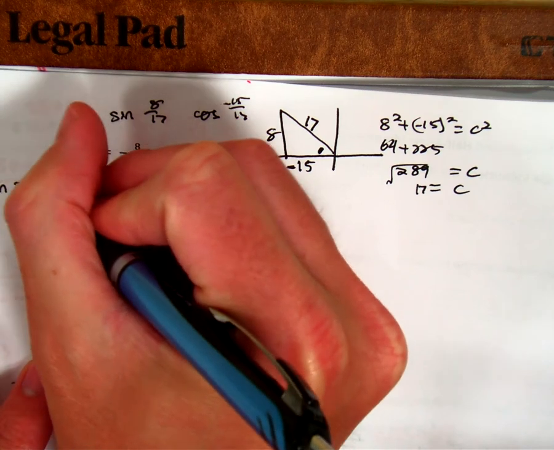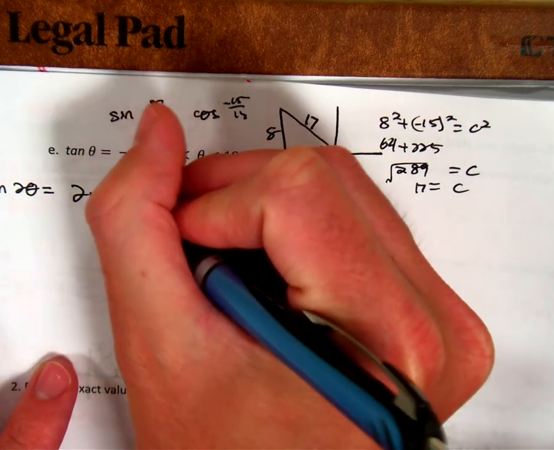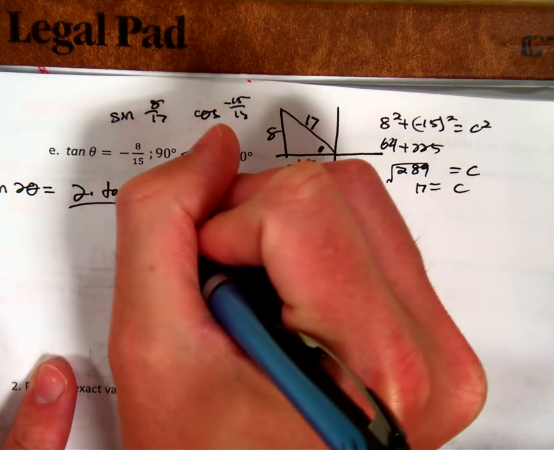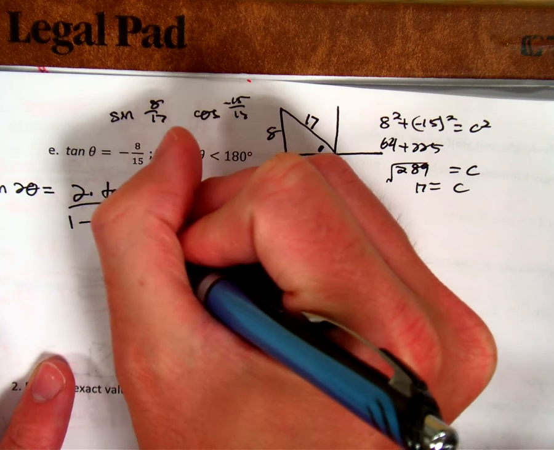Tangent of 2 theta equals 2 times tangent theta over 1 minus tangent squared.